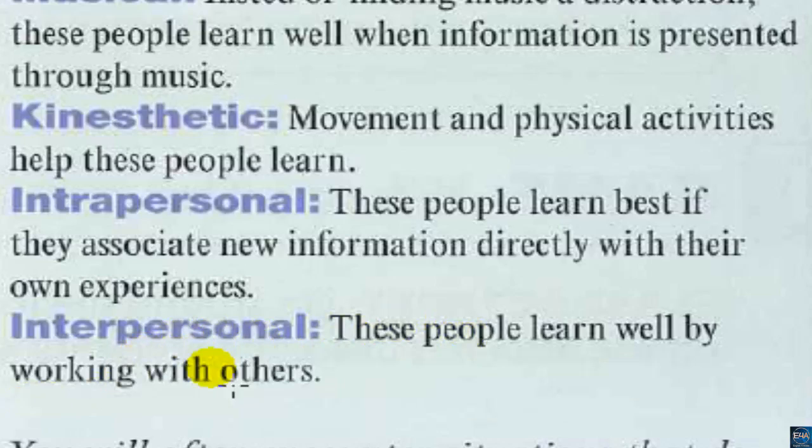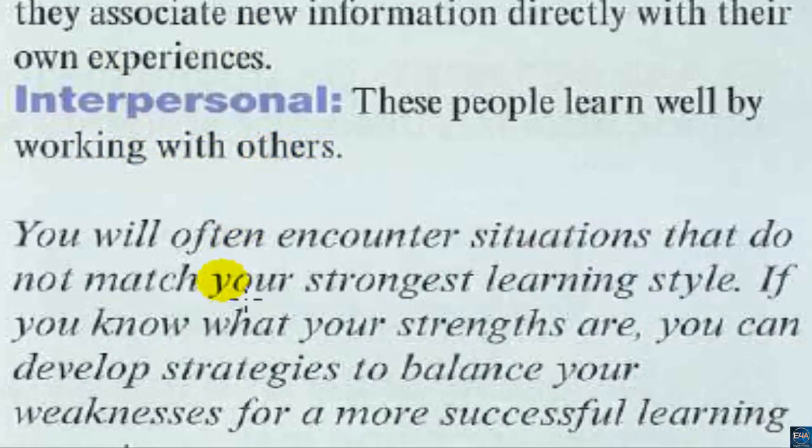They try to know how they learn. So we have intrapersonal and interpersonal. Intra with A is to make a link between information and experience. Interpersonal with ER is to learn through working with other people.